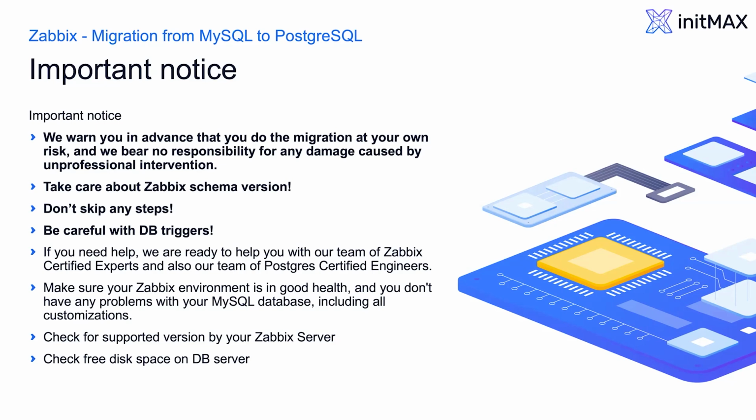We need some tips and tricks, a little bit of hacks, just to make sure that we move everything from our MySQL to Postgres, because those are quite different databases, and they have different schemas, and different table structures, and we need to make sure that we do not lose any data, that we do not lose data integrity, and at the end we are happy with the result. So take care about the Zabbix schema version.